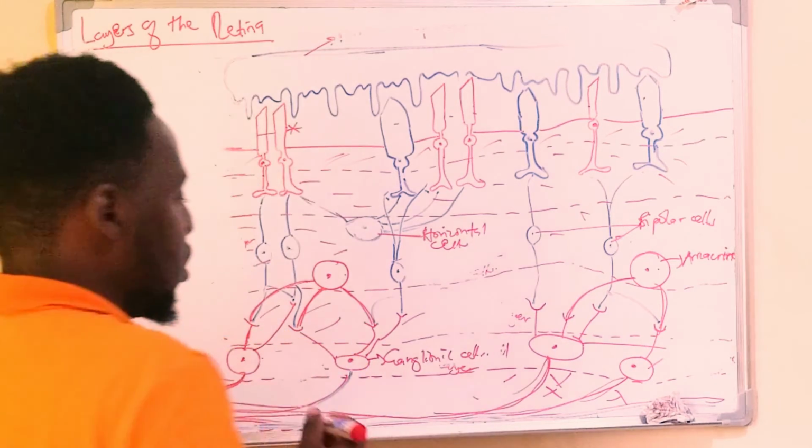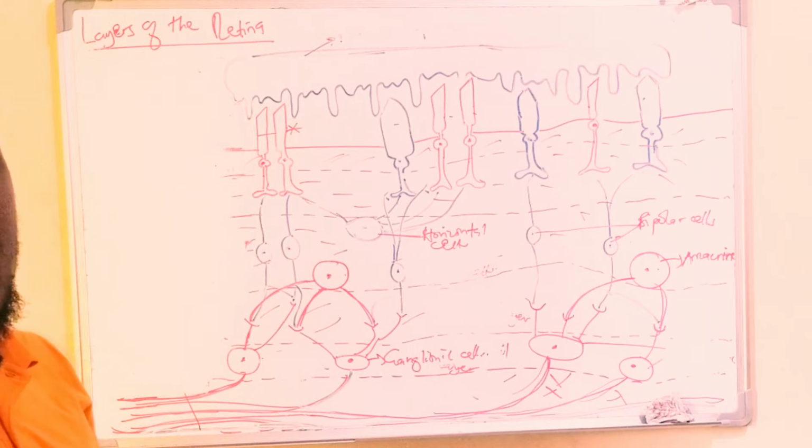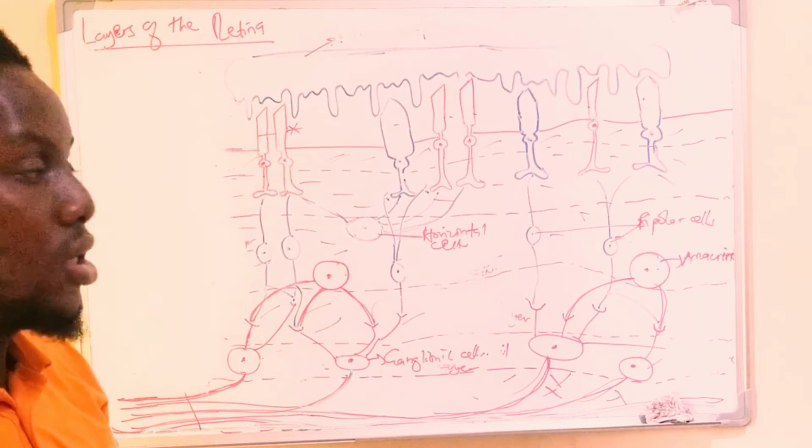Then we said these cells have their cell bodies in the outer nuclear layer, the inner nuclear layer, as well as the ganglionic cell layer.